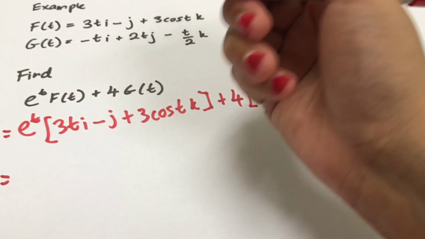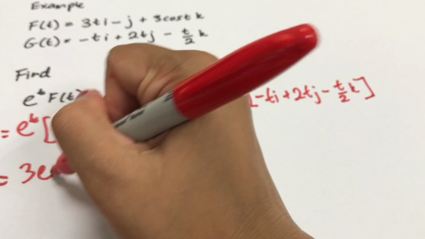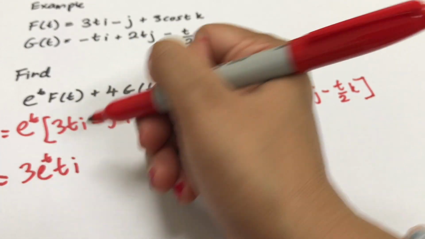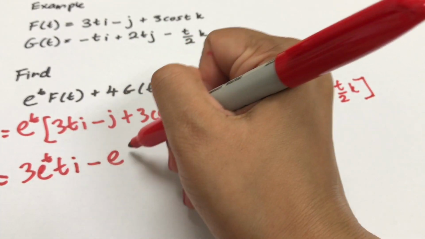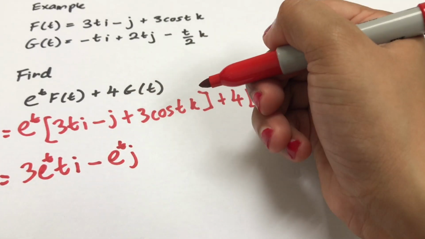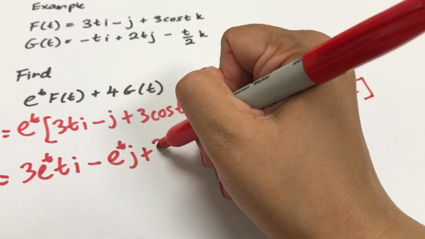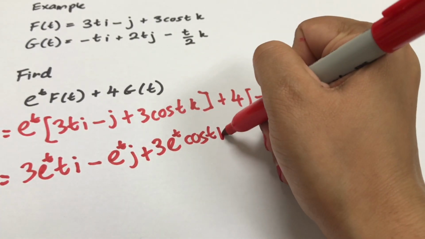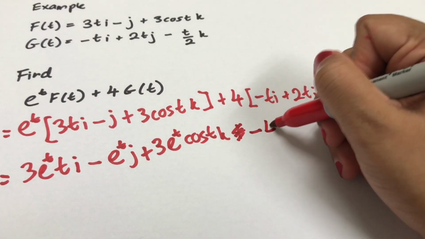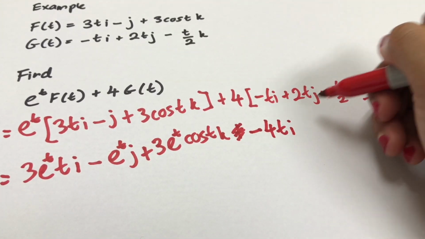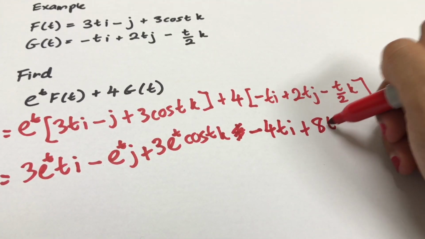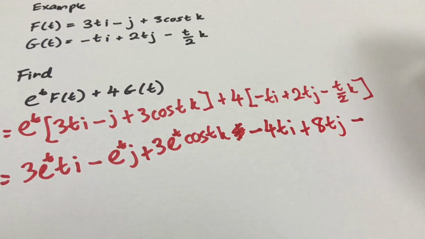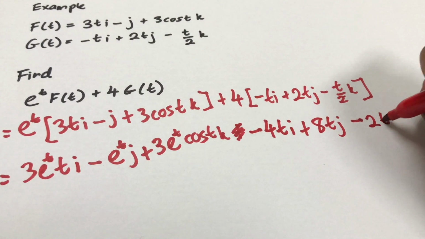And so we would get 3e to the t t i minus e to the t j plus 3e to the t cos t k minus 4t i plus 8t j minus 4 multiplied by t over 2 is simply 2t.